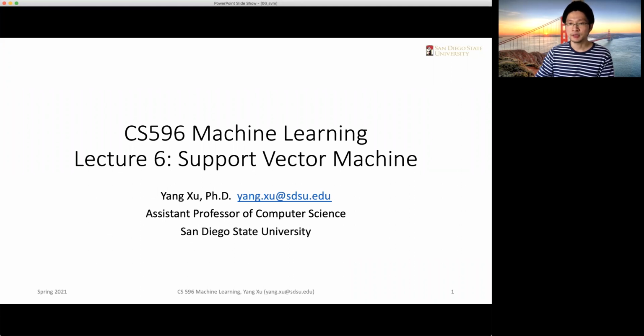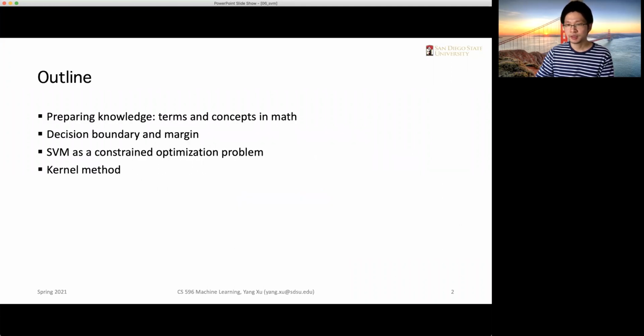When we talk about SVM today, we will have some preparation to do. We need to review some terms and concepts in math. These are some advanced concepts that we need to review first. There are a lot of details behind the term SVM.